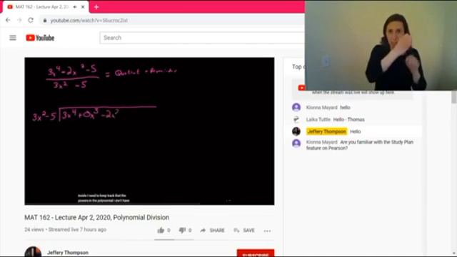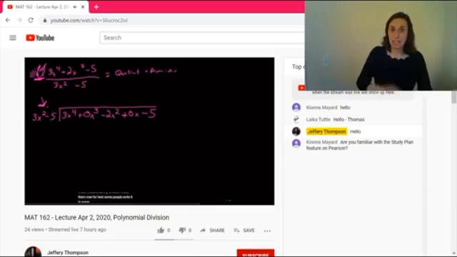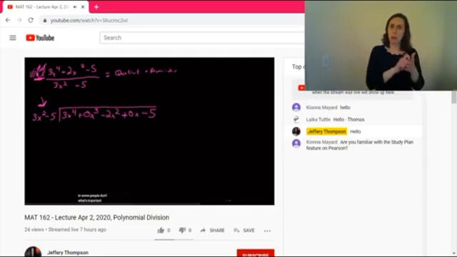I don't have 2x squared plus... So notice in my dividend, in my upstairs, I'm missing the third power of x, and I'm missing the first power of x. When I need to do my division, I need them. Now for here, some people write it in, some people don't. What's important is because we do our subtractions here in columns, that we have a column for each place.